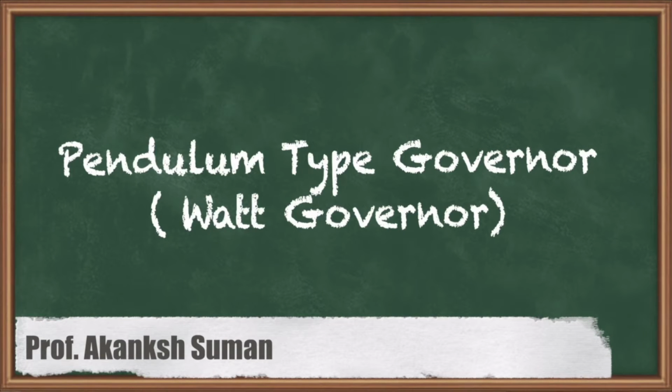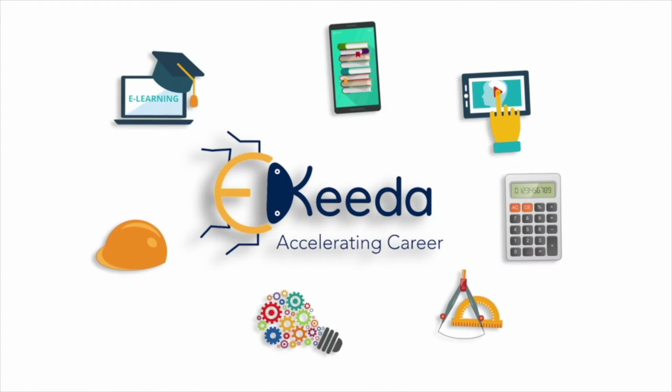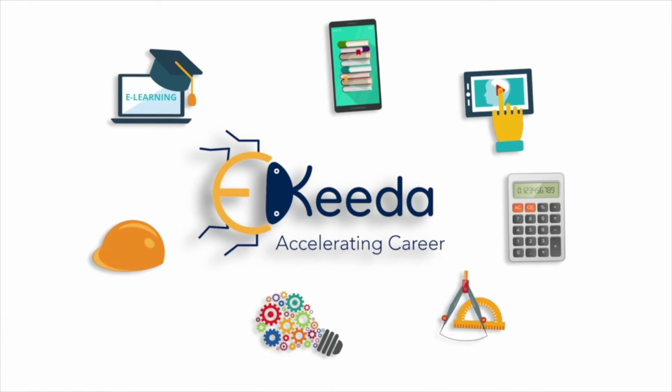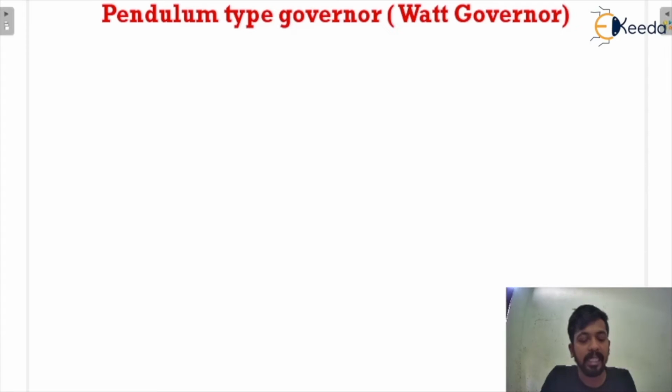Now we are going to discuss the next topic, that is the Watt governor. We have seen the basic concept of the centrifugal governor, basically the simplest form of the centrifugal governor.